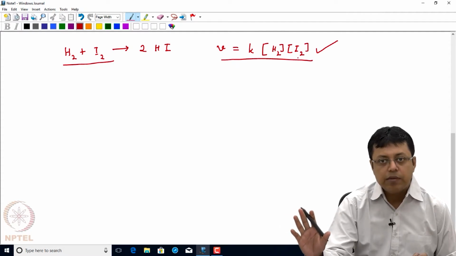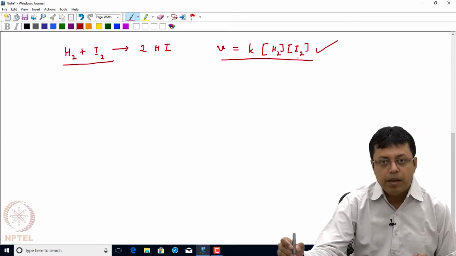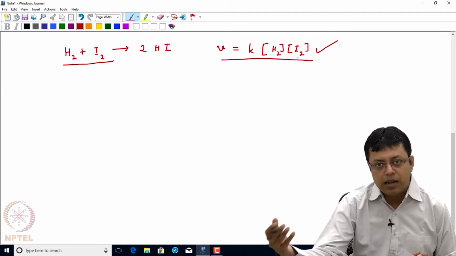The reaction can actually have multiple steps. Most reactions have multiple steps in which some reactants first collide to give you something which is known as an intermediate. Then the intermediate collides with something else and forms another intermediate, and then eventually it forms the product.